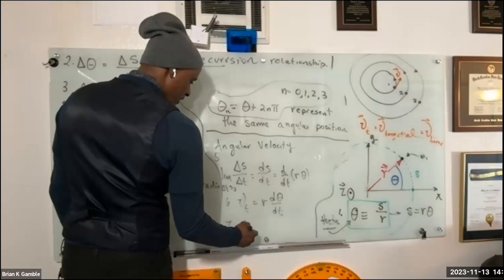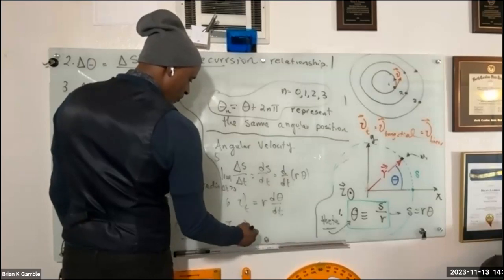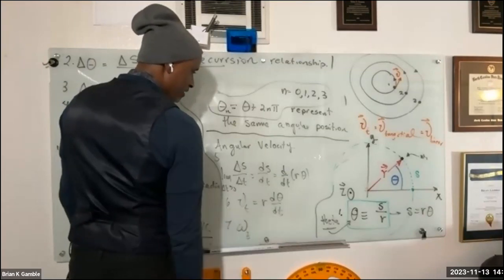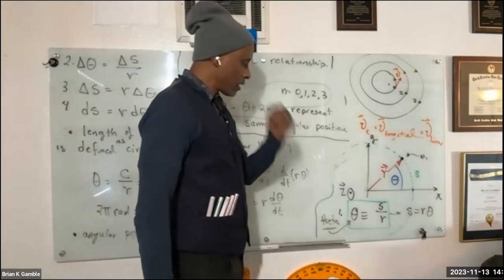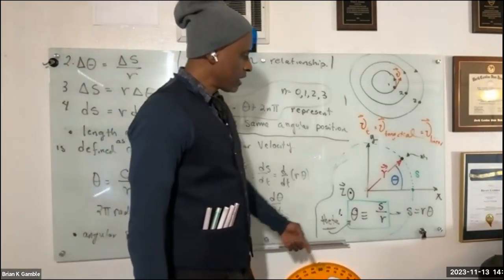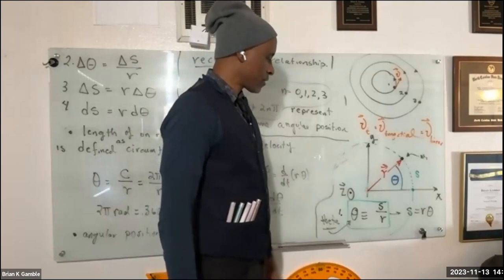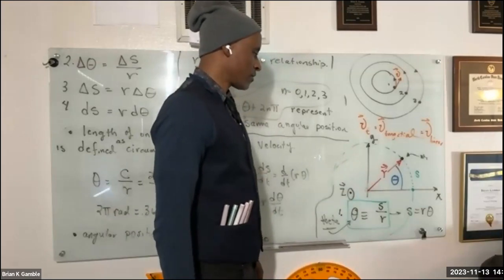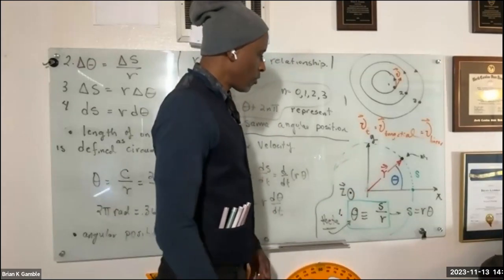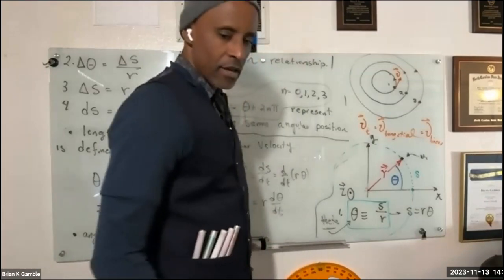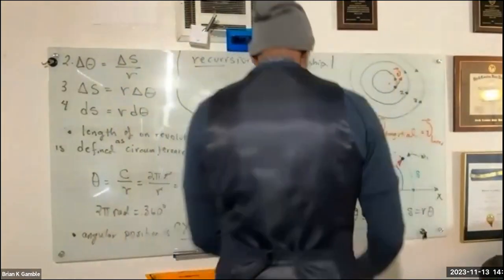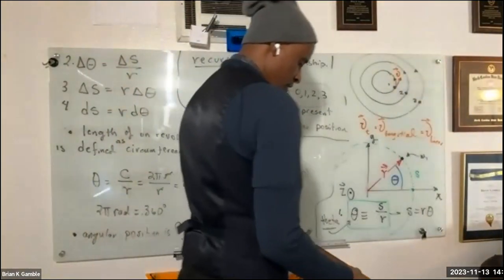So we get omega, and your book might say something like omega z, and what that is, they're setting up an axis like this where, and that's the thing I didn't say, position is a vector. So what should be its direction, x, y, or z? Well, it doesn't make sense to say that it has a position in the xy plane, in the plane in which it's rotating, because it's rotating.